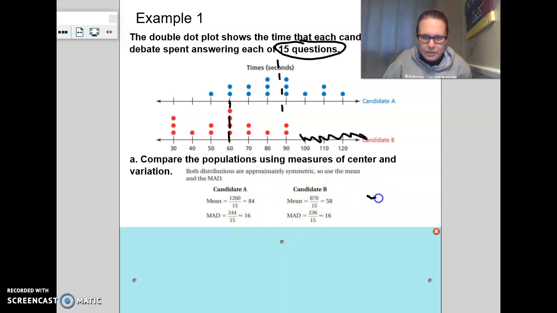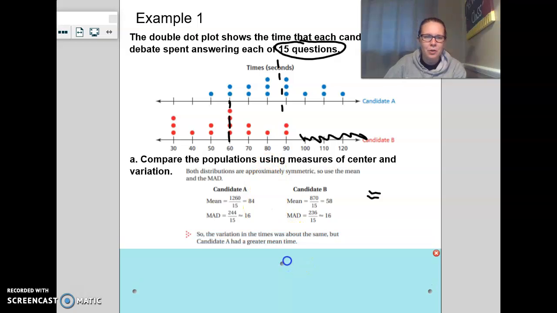It's kind of hard to see, but they have that little squiggly line. So they're rounding it, and obviously they have different numbers on the top, but they rounded to the nearest whole number, and for the most part, they're both 16. So the variation in the times was about the same, but candidate A has a greater mean value.